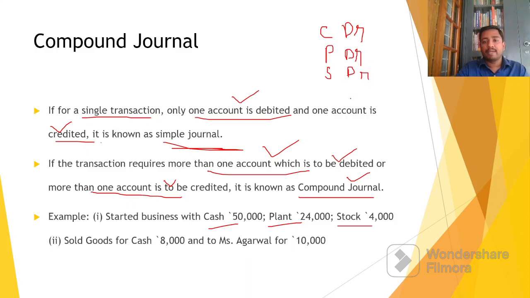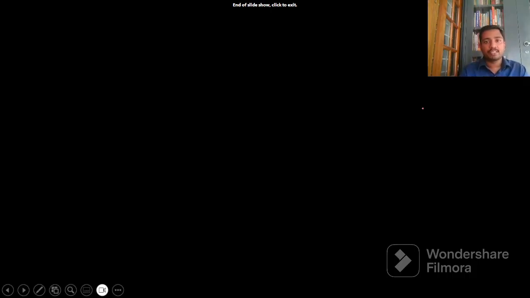The credit goes to capital, since the business is started. Look at the journal entry: three items are debited and one item is credited. If there is more than one item in either the debit or the credit, it is classified under compound journal. So these are the topics of our discussion for this session.